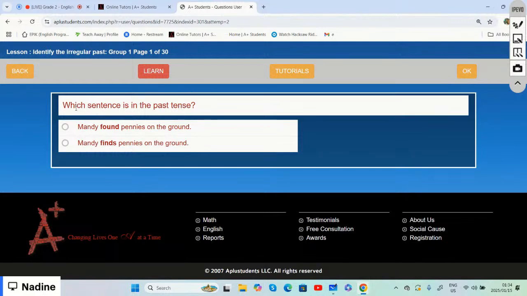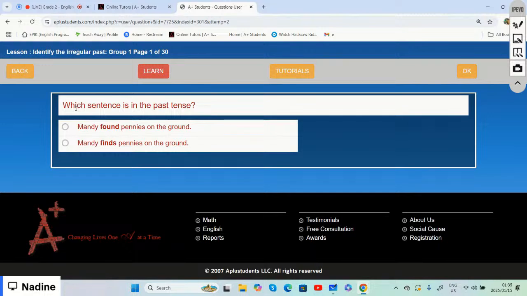It says which sentence is in the past tense? All right, so which sentence is in the past? It happened already, it's past.